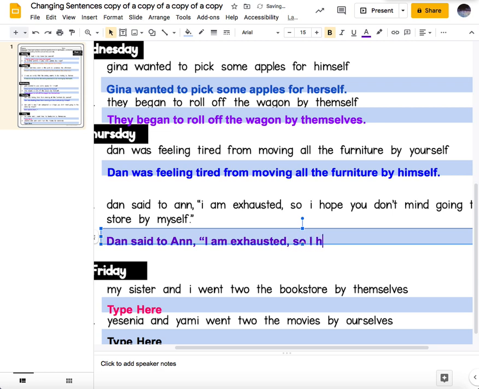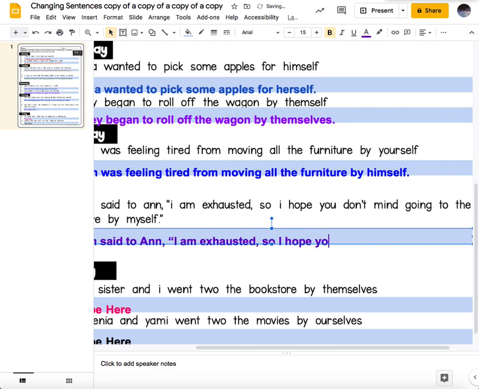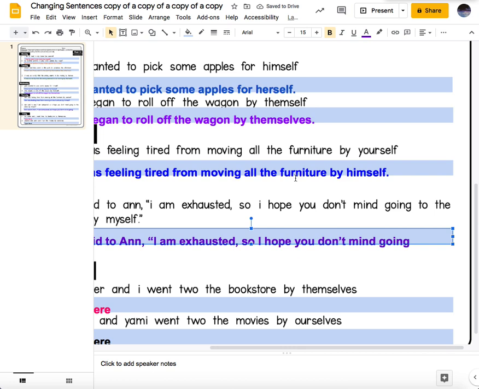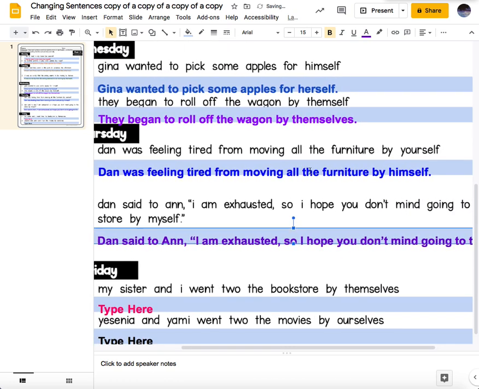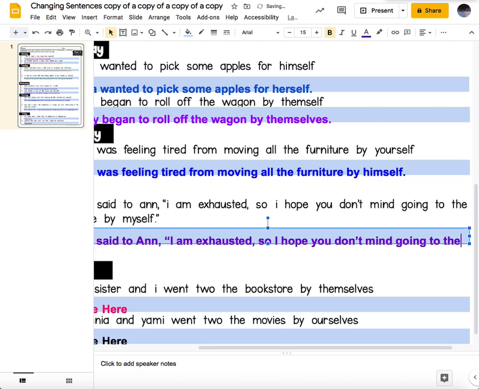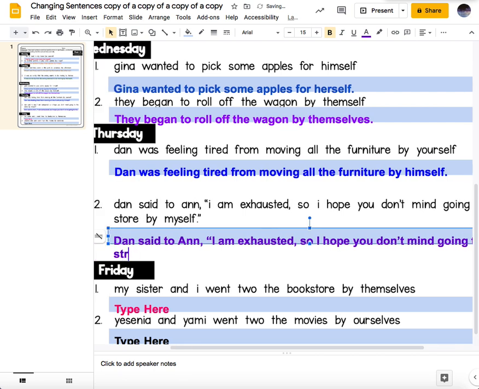So I hope you don't mind going to the store by myself or yourself. Yourself. He's not talking about himself. Yourself. So yourself. And we have to add a period and another quotation mark.